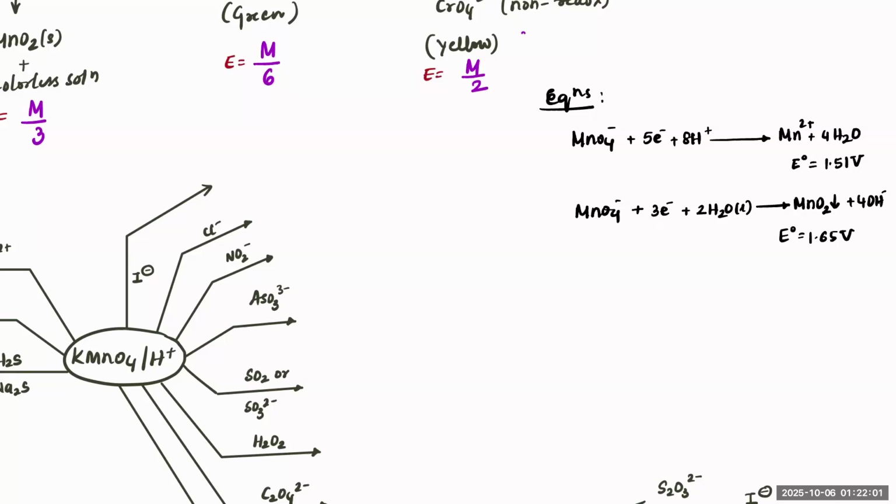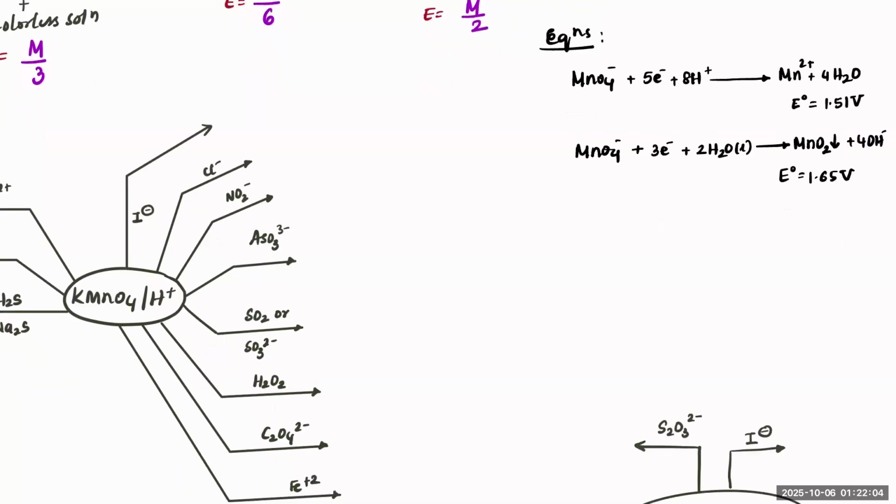Got it? And for K2Cr2O7, plus 6 electrons plus 14H plus, this will convert into 2 moles of Cr3 plus plus 7H2O. Clear? The E naught value of potassium dichromate is 1.33 volts.